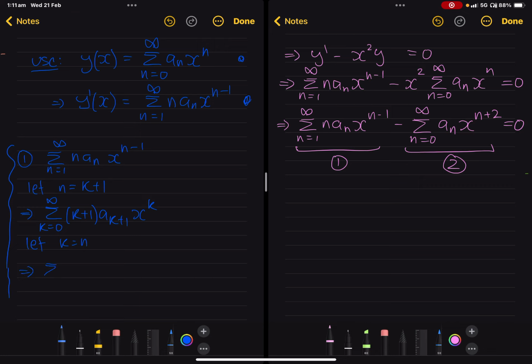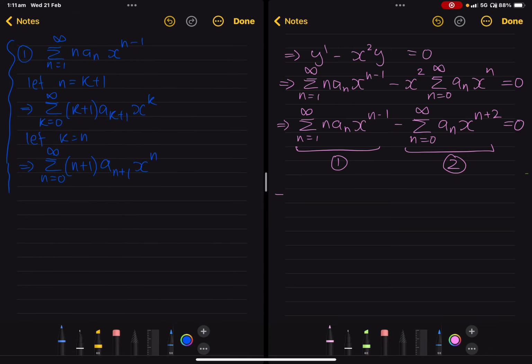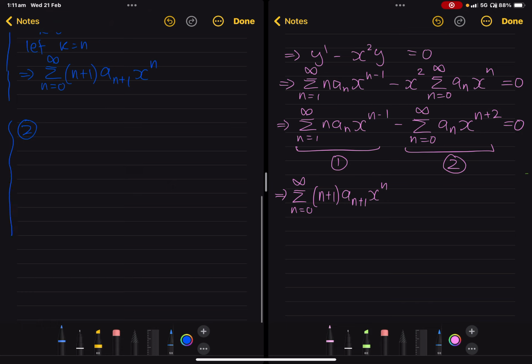So this gives us the sum from n equals 0 to infinity of n plus 1 times a subscript n plus 1 times x to the n. And this becomes our substitution for the first summation.